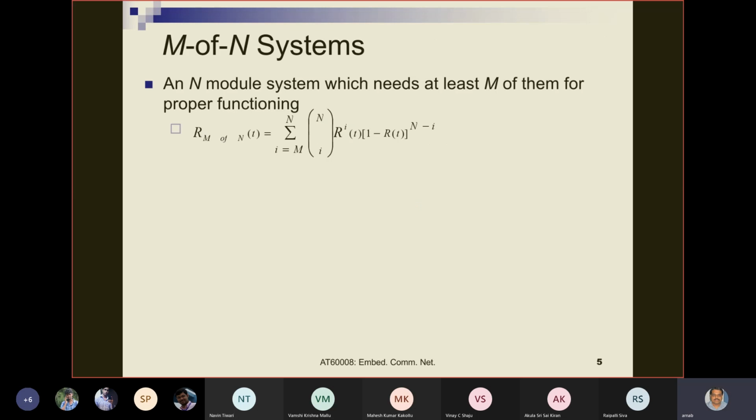Okay. So till now, we have been seeing complicated systems with redundancies in different ways, series, parallel, and we were finding the effective reliability of the system. Now, given the effective reliability of an arbitrarily complex system, that is fine.